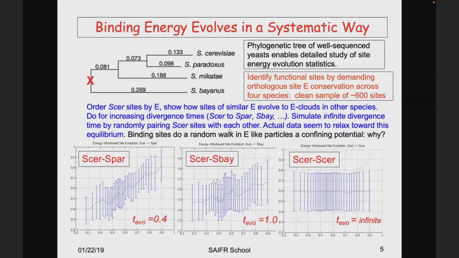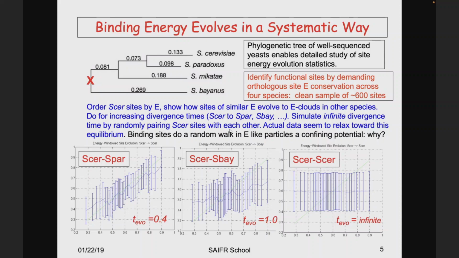There's the 50 sites that have binding energy between 0 and 0.1. There's the 50 sites that have binding energy between 0.1 and 0.2, and so on. And then I can ask how the corresponding sites lay out in energy in one of the related species.